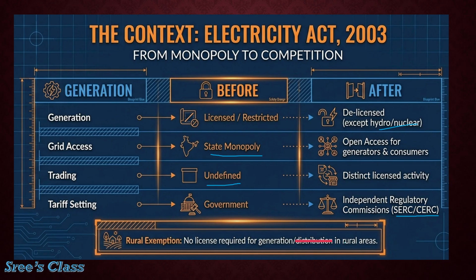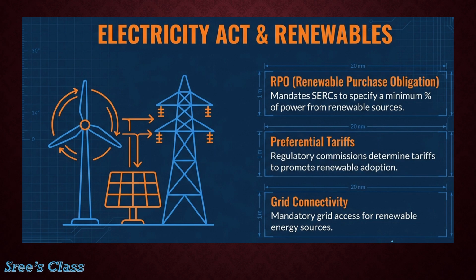In rural areas there are some exemptions, like a license is not required for any generation, and for distribution also to an extent. It's not very stringent. Okay. Electricity Act and renewables, we already discussed RPO, renewable purchase obligation.